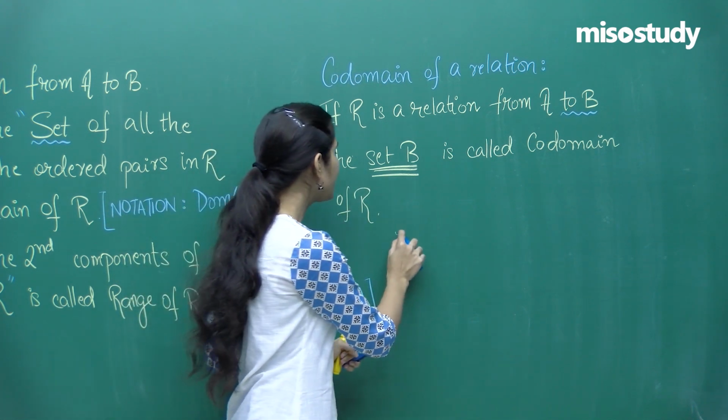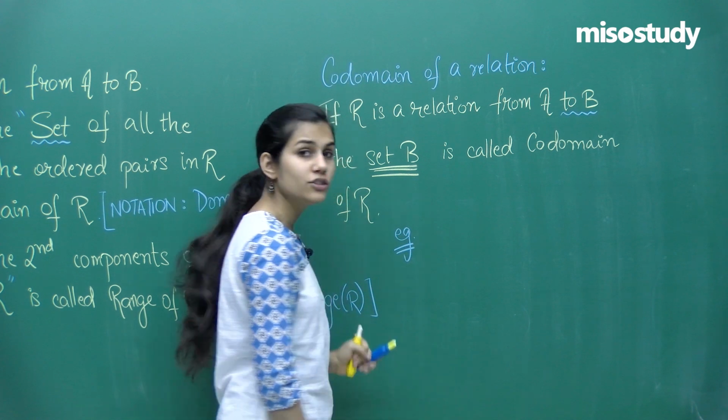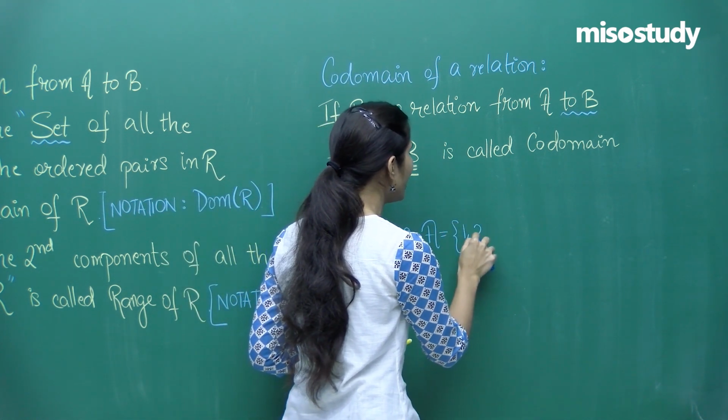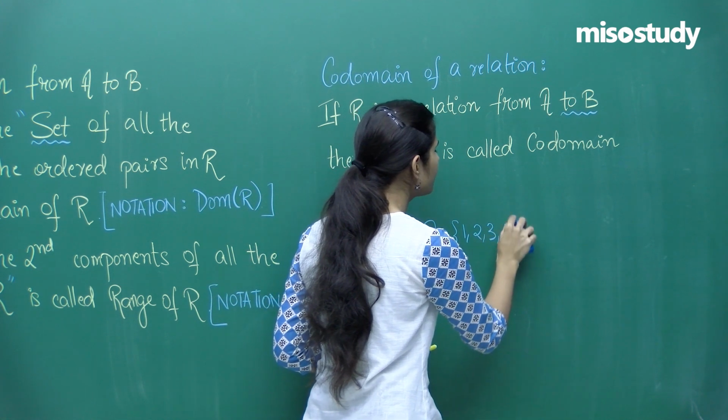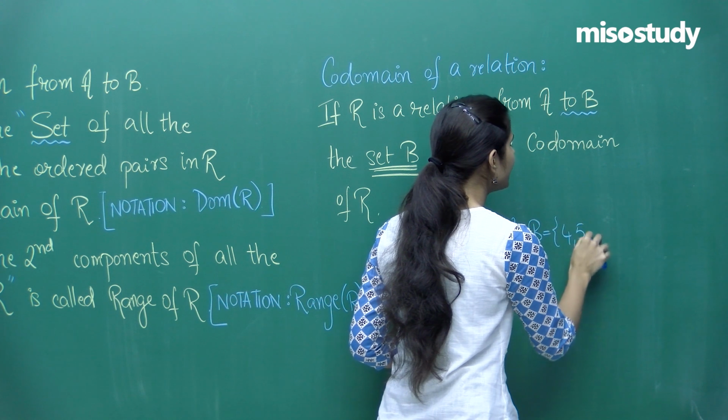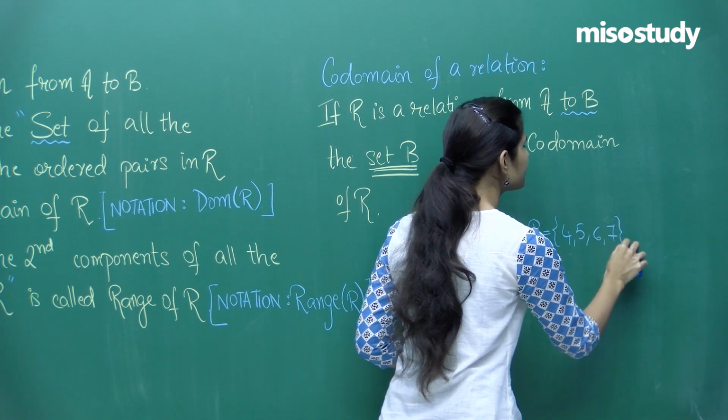Suppose I again pick up the same example which we just did. Inside it we had A equal to 1, 2, 3 and 4 and B was equal to 4, 5, 6 and 7.